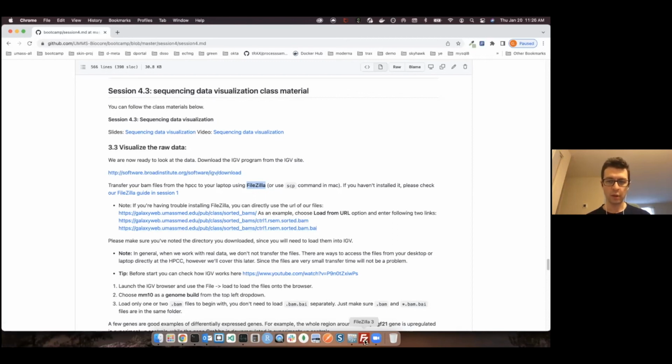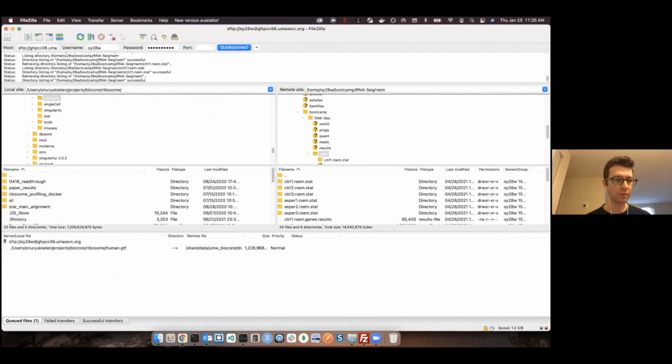So basically you will go to FileZilla and enter ghbcc06umassrc.org over here as a host, and you will enter your username and password. Then you can click quick connect. It will connect, and you will see the content of your cluster directories.